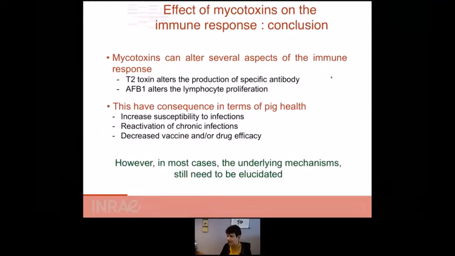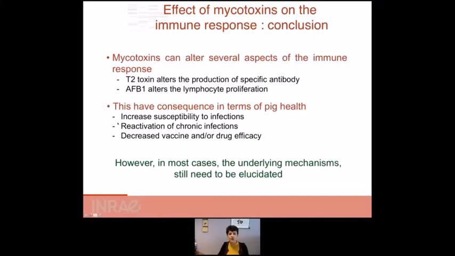So if we try to conclude on this part, we can see that mycotoxin can alter several aspects of the immune response. I show you that T2 toxin alter the production of antibody, whereas aflatoxin B1 alter the lymphocyte proliferation. And this really have some consequence in terms of pig health, or even in animal health in general. It increased susceptibility to infection.